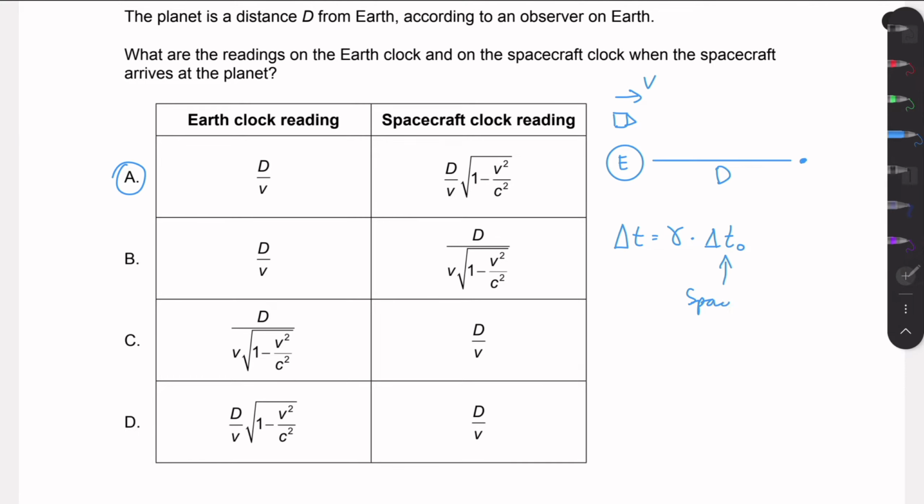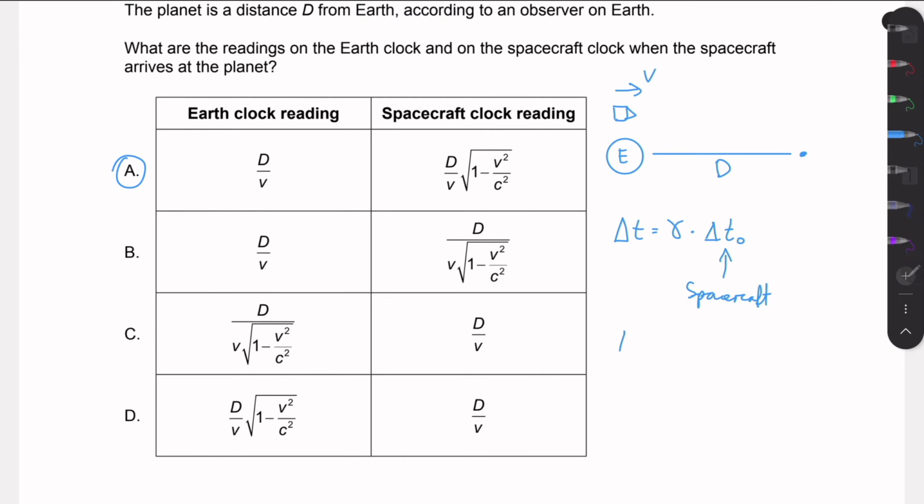This is the delta t we want to find. So delta t is equal to the normal delta t divided by gamma, where this delta t is just the measurement made by some other observer, in this case the people on the Earth.